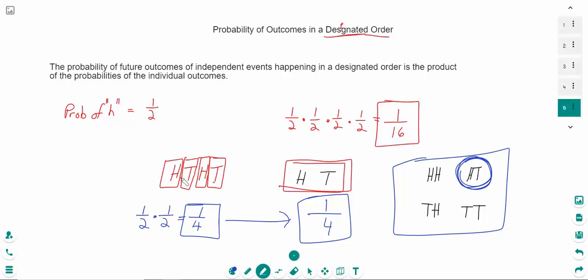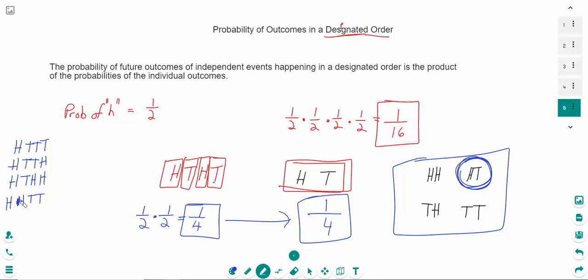Okay? If for this example I did the experiment 4 times, I'd have to go through all the possible outcomes. If I started with a heads, I could get heads, tails, tails, tails, or heads, tails, tails, heads, or heads, tails, heads, heads, or heads, heads, tails, tails.